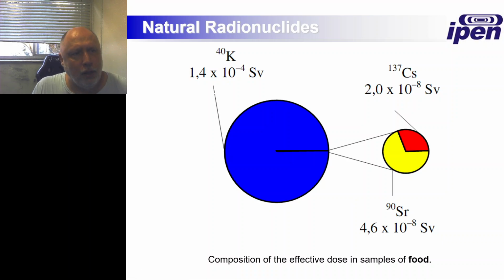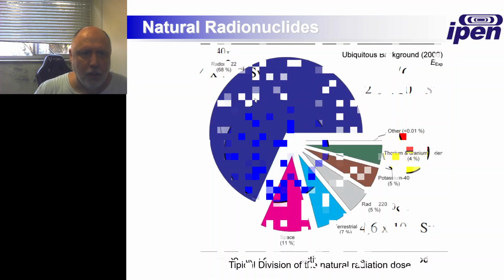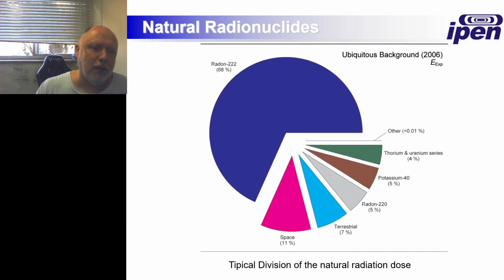So of the natural radionuclides, you see most of what we are exposed to in a food sample, for instance, is potassium-40. But now, if we take a look at the background, you see that 70% of it is radium-222, which comes from the decay of uranium-238, okay?